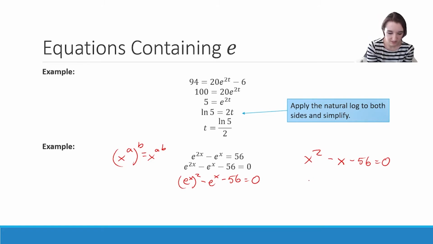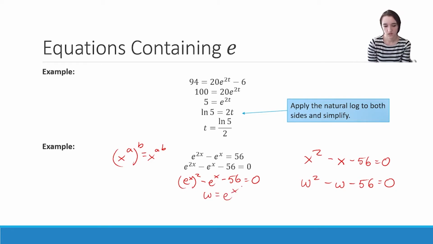So what if instead I said this was w squared minus w minus 56 equals 0. And then I can say w just equals e to the x. So now this equation and this equation are the same thing. If w is e to the x, then those two equations are equivalent, right? And this is something I know how to solve.